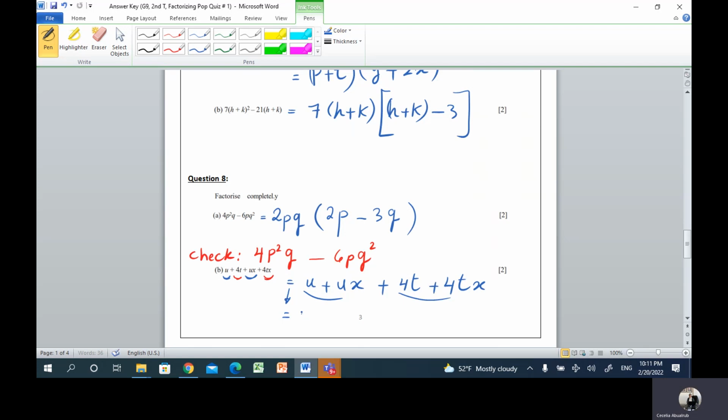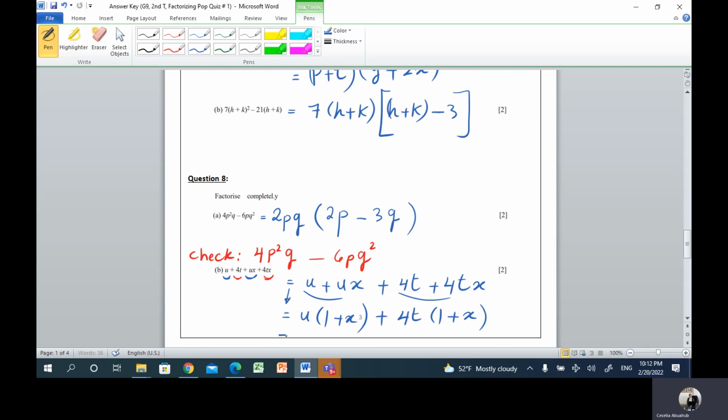So u is the common factor here, so the u is going to come out, and it's 1 here because u times 1 will give us back the u, and then plus x because u times x will give us back the ux, plus here 4t is going to come out, and 4t times 1 will give us back the 4t, plus x because 4t times x will give us the 4tx.